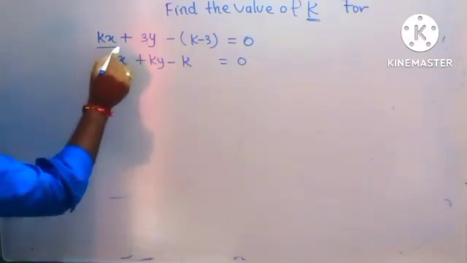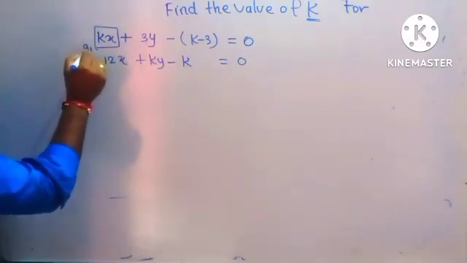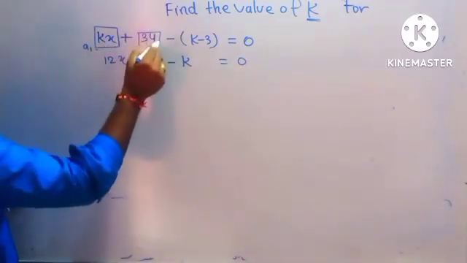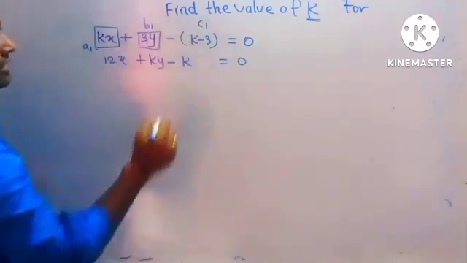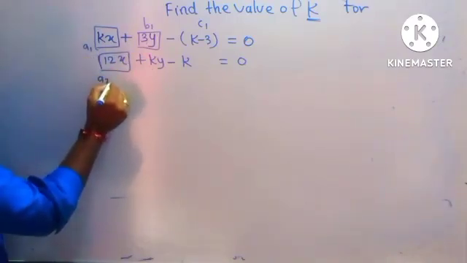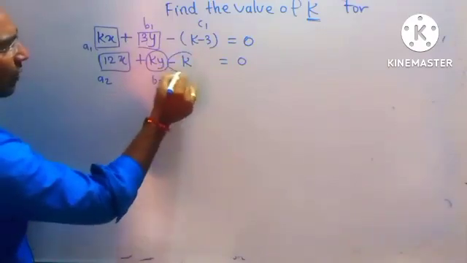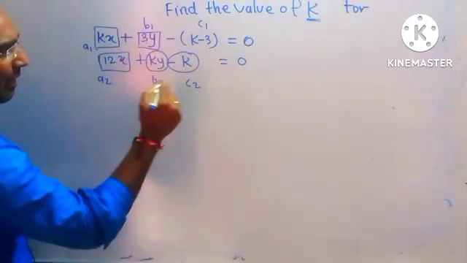In the first equation, the first coefficient will be known as a1, the second one will be known as b1, and the third one will be known as c1. Now from the second equation, the first one will be known as a2, the second one as b2, and the third one as c2, including plus and minus.